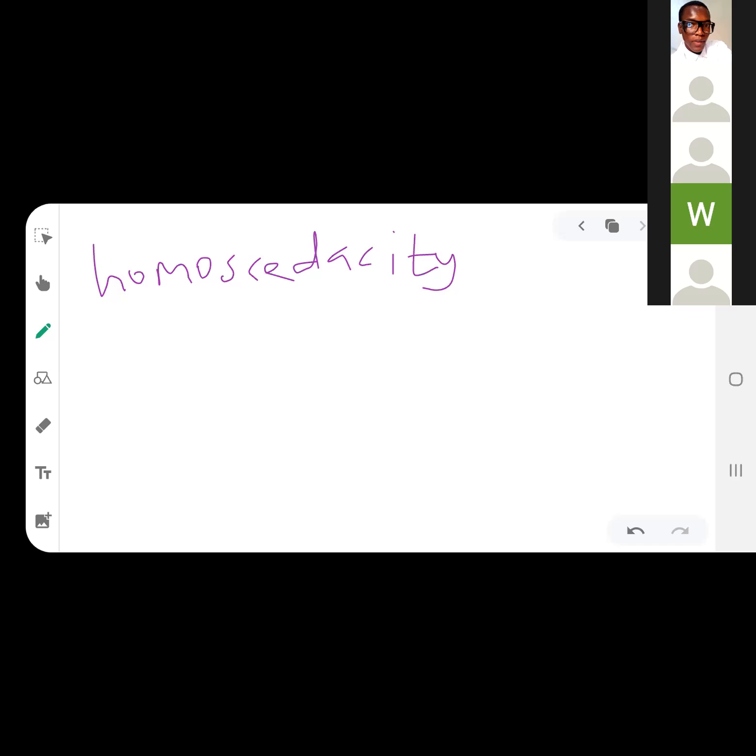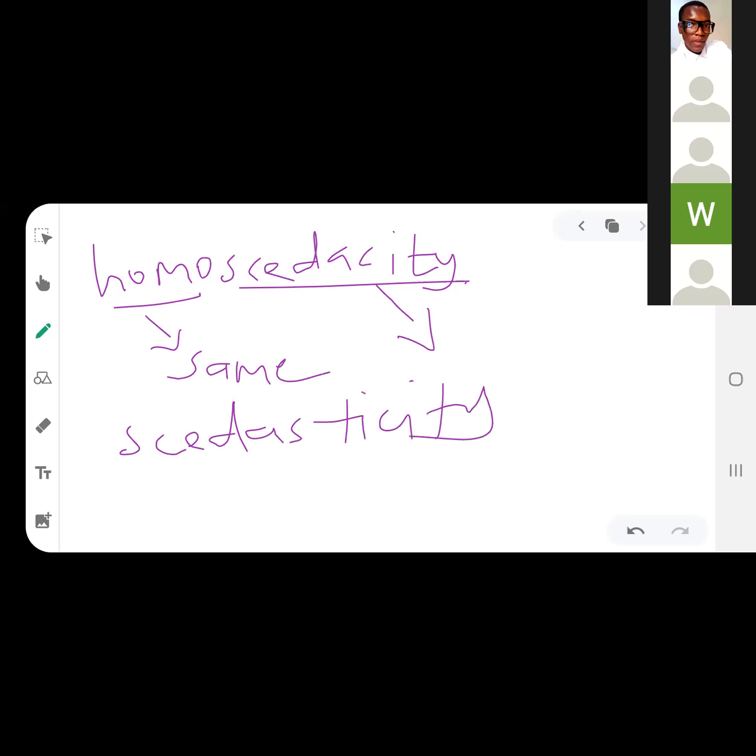Homoscedasticity, we said it refers to, homo means the same, and then scedasticity refers to scedasticity, as in elasticity.